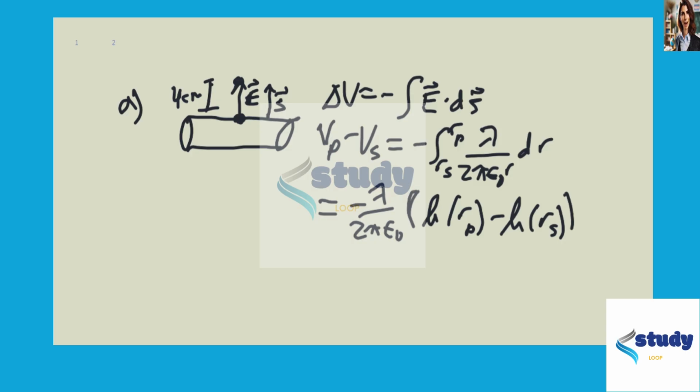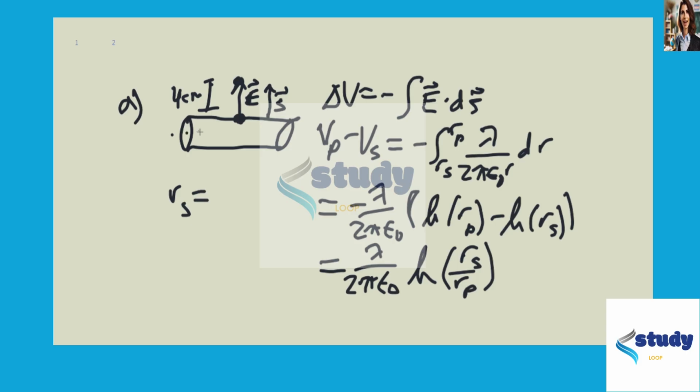Now we can rewrite this, so remember your natural log rules. When you have a minus, it becomes a division. And then I'm going to bring this minus on the outside in. So this will become lambda over 2 pi epsilon naught times the natural log of rs divided by rp, where rs was the distance from the axis of the cylinder to the surface of the cylinder, and rp was the distance from the axis all the way out to the point.